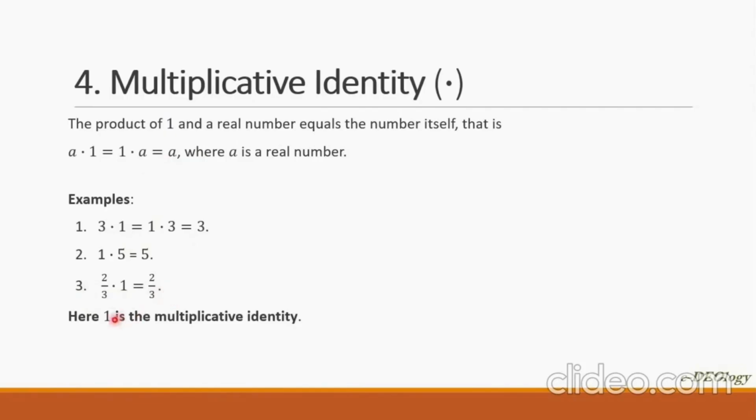So that number 1 is called the multiplicative identity. In other words, any number multiplied by 1 would result in the number itself.